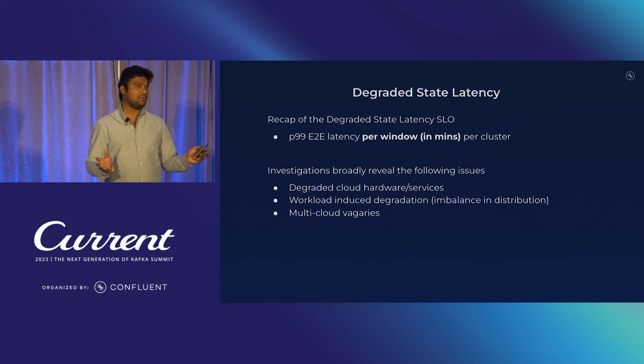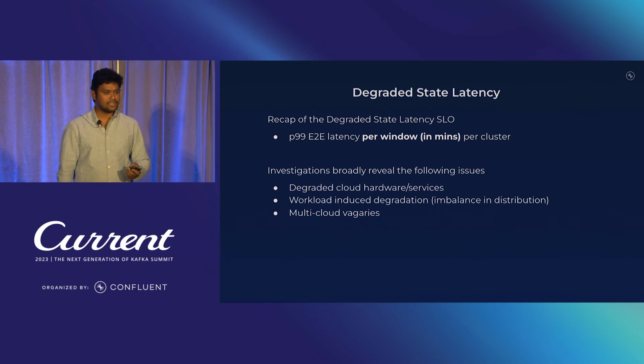Typically, we have seen that this falls under three categories. One of them is either you have a degraded cloud hardware, a degraded cloud service, or you have a workload-induced imbalance, workload-induced degradation, or there are all these multi-cloud vagaries. We'll talk about all of them in more detail now.